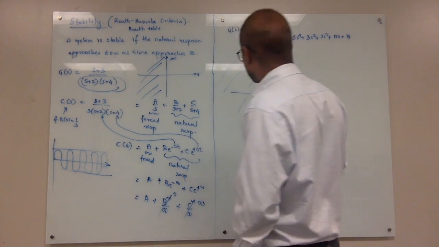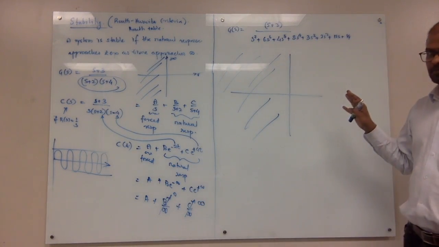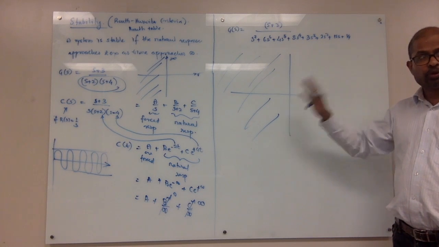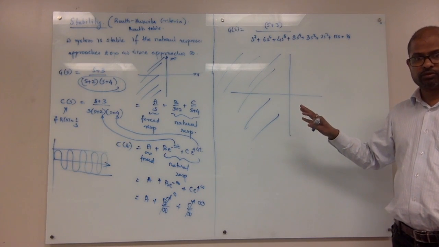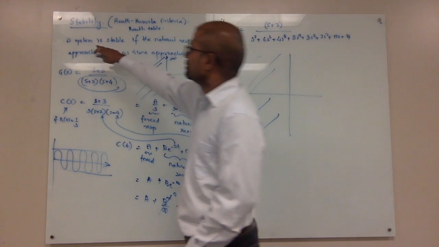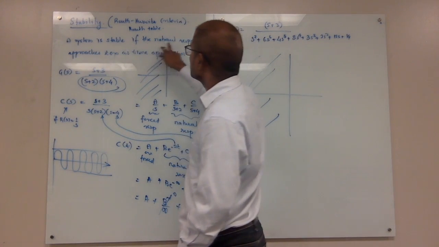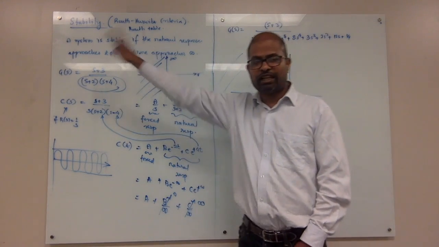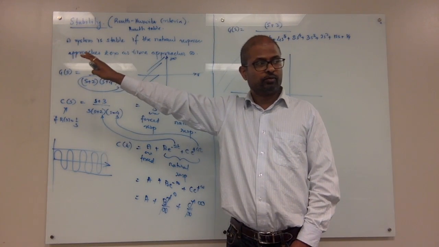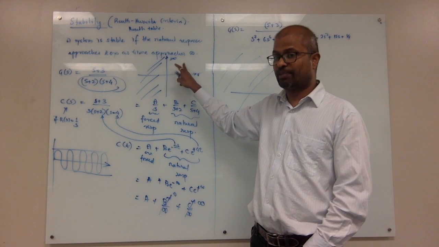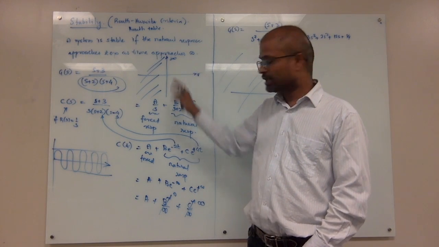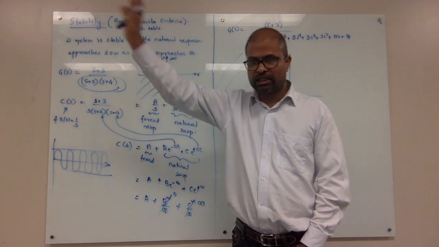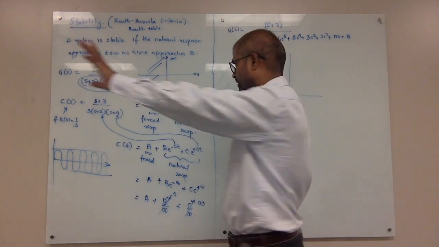But I need you to remember this. The statement means the system is stable if the natural response decays. What that translates to is the poles have to be on the left half plane of the complex plane, or the S plane. Always the poles have to be on the left-hand side. Got it?